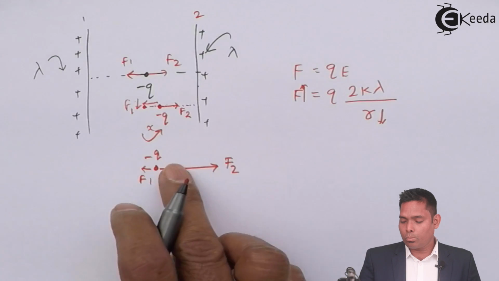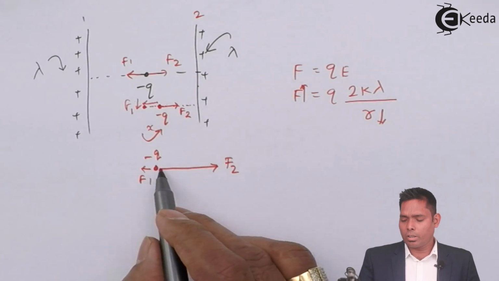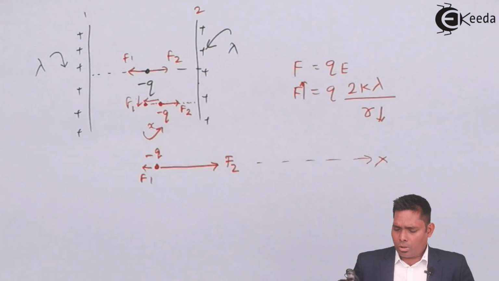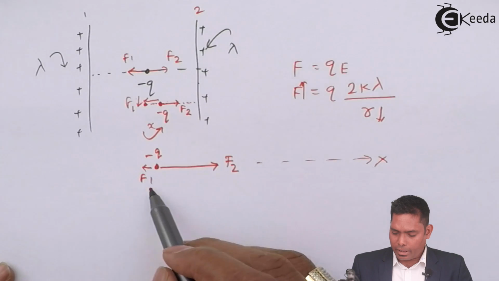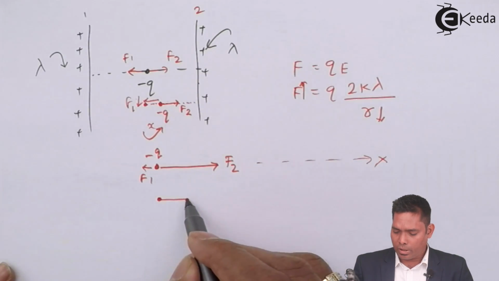So the body will continue to move in that direction. This second charged particle minus q will continue to move along the x direction.